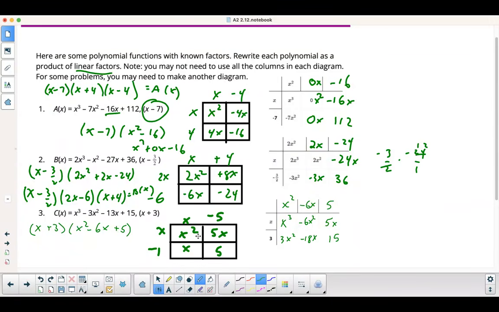And it still works because negative 1 times negative 5 still gives me positive 5. And then when you add these up, negative 1 minus 5, that's how I get the negative 6. So I end up with x plus 3 times x minus 1 times x minus 5 equals c of x. All right, and again, your x-intercepts here are going to be negative 3, 1, and 5.